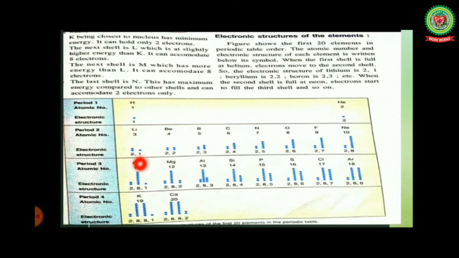L. So when K shell was complete, in lithium, the third electron was put into the next shell, that is L. So electronic structure of lithium is 2, 1, beryllium 2, 2, boron 2, 3, etc. When the second shell is full at neon, just see 2 in K shell and 8 in L shell, electrons start to fill the third shell and so on. In sodium you can see 2 in K shell, L shell is complete with 8 electrons, then 1 again will be put into M shell.